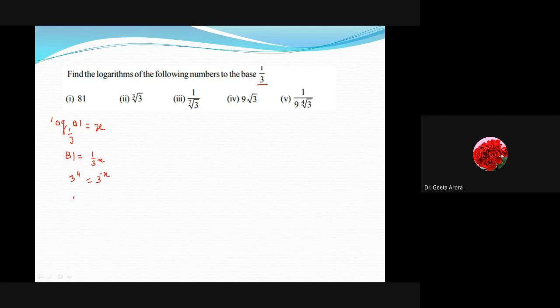So on comparison, we can say 4 is equal to minus x, or x is equal to minus 4. Correct? So this is what we are getting for the first part.